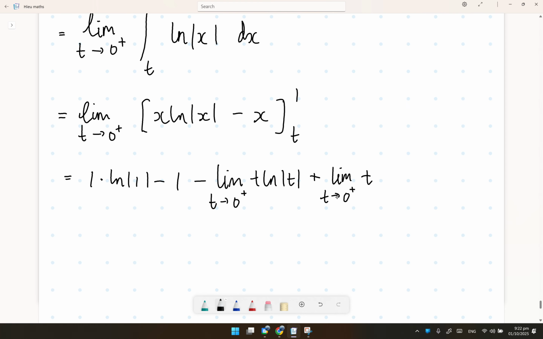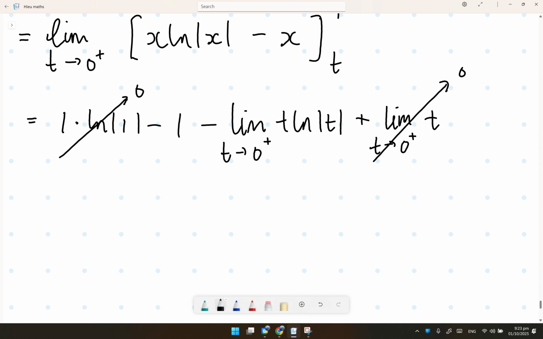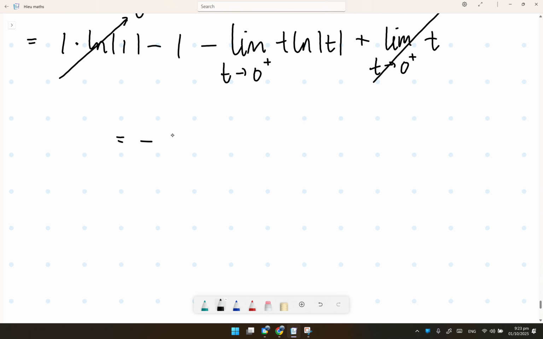So this one obviously goes to 0, right? Substitute 0 in, that's 0. Ln of 1 is also 0, because e to the 0 is 1. So what we're left with right now is minus 1 and minus the limit of t ln t as t goes to 0 from the positive side.